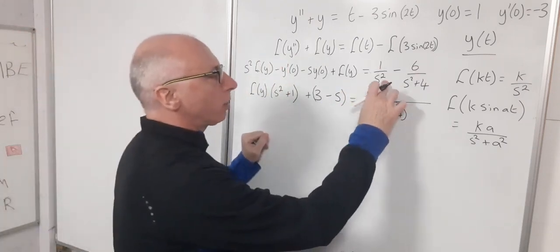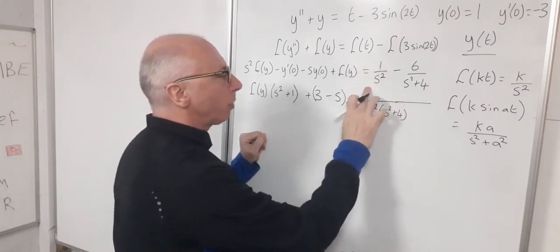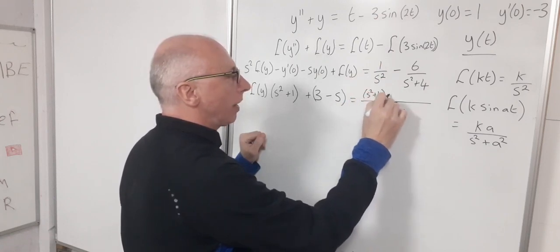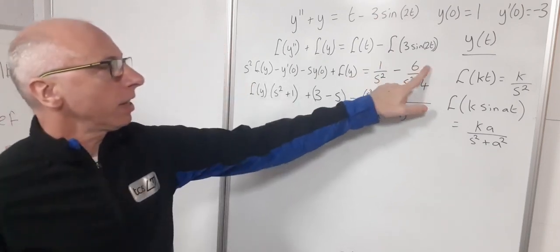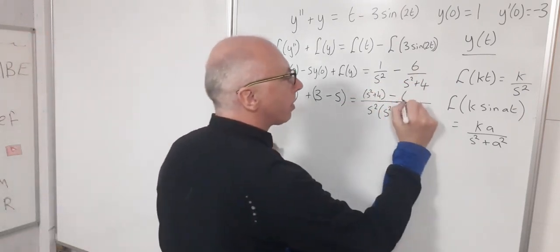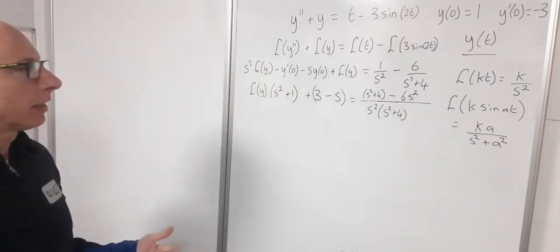So here, to get this one, I'll have to multiply this by s squared plus 4. So this now just becomes s squared plus 4, and then subtract. This 6 we'll have to multiply by s squared, so that's minus 6s squared. So that takes care of that.